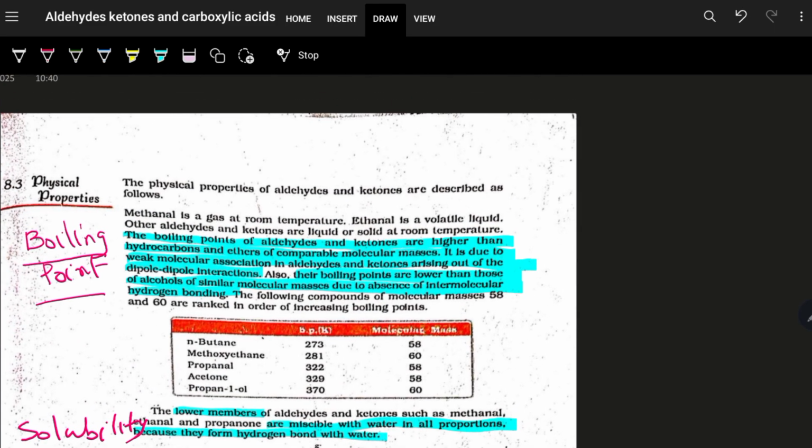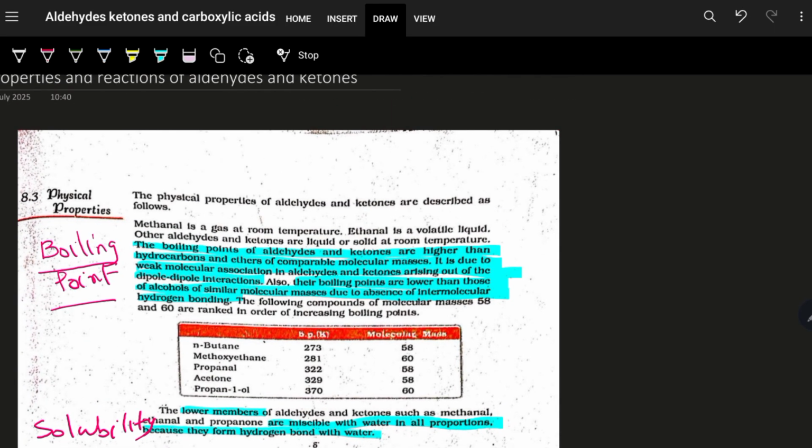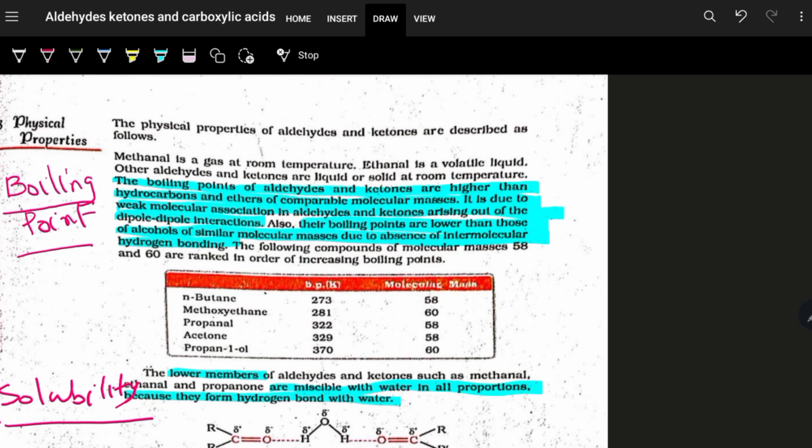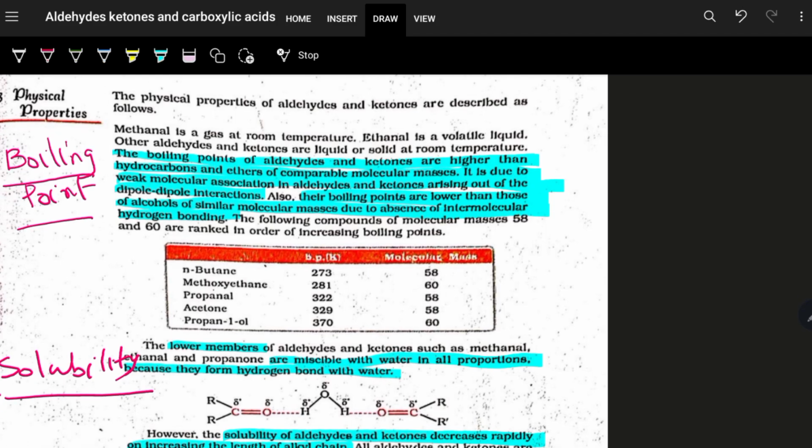Boiling point actually depends on the type of interaction between the particles of the compound that we are talking about. So here one information we can see: methanal is a gas at room temperature, ethanal is a volatile liquid, other aldehydes and ketones are liquid or solid at room temperature. That means when the molecular mass is increasing, the boiling point of aldehydes and ketones is quite high.